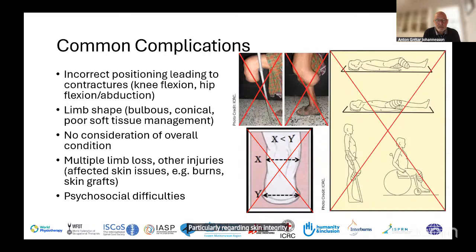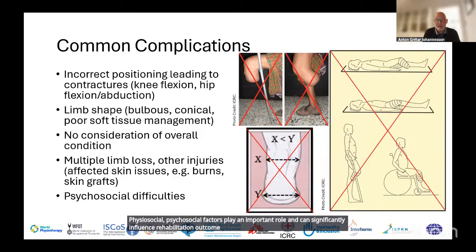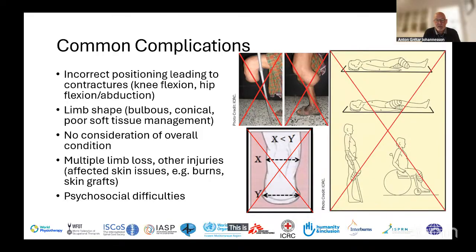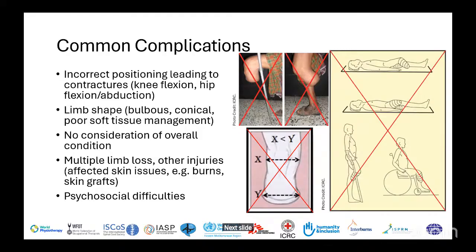Finally, psychosocial factors play an important role and can significantly influence rehabilitation outcome if not addressed early. This is where we start shaping the future of the prosthetic user. Next slide, and over to you, Ruba.